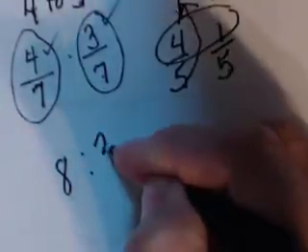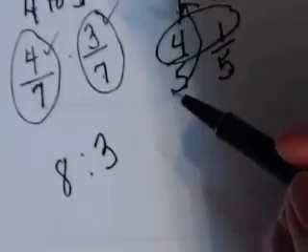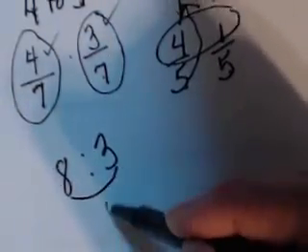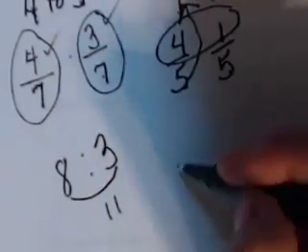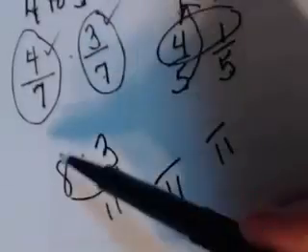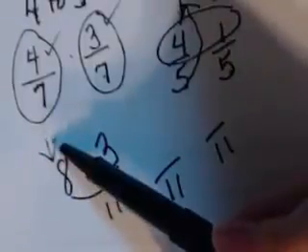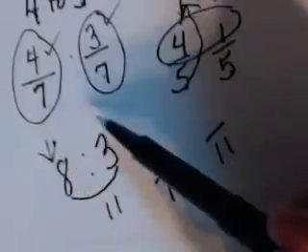So let's say the odds are 8-3. Then if you win, you're going to get back $11, which is the denominator of the probability. So you win $8 and you get back the 3 that you bet.